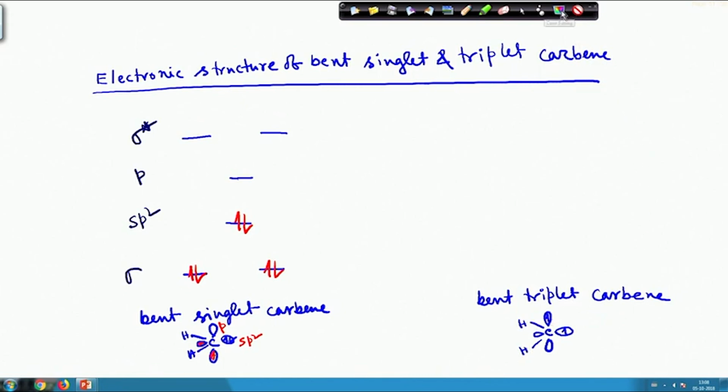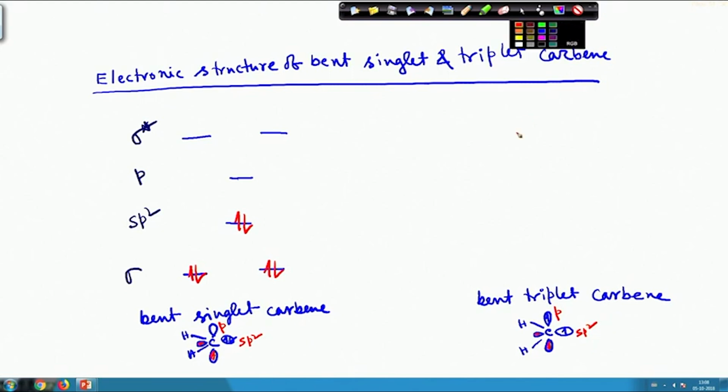Here also this is sp2, this is the p orbital. Unlike the singlet carbene, here both these orbitals are filled with 1 electron each.